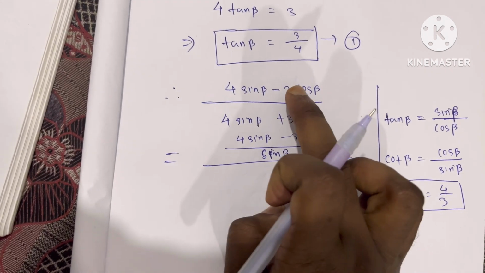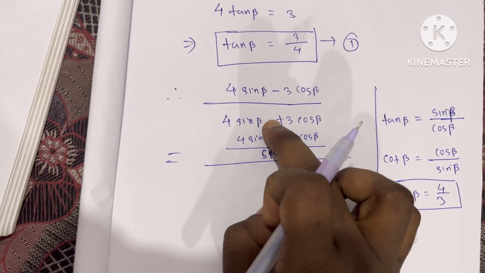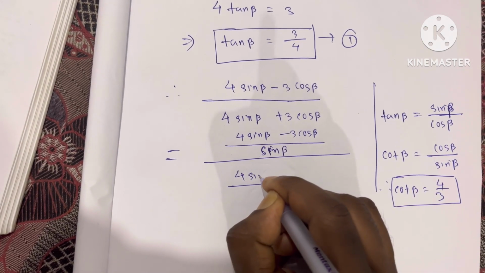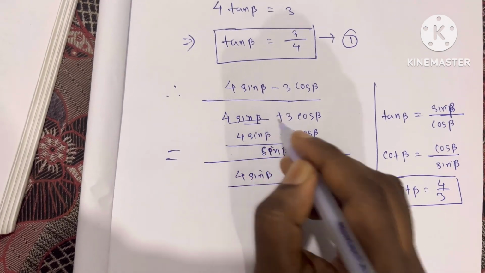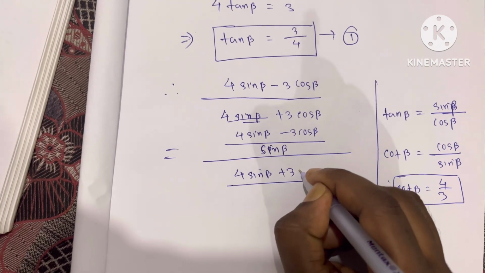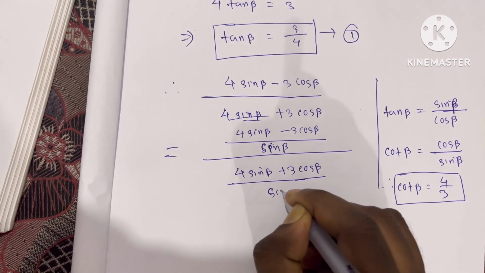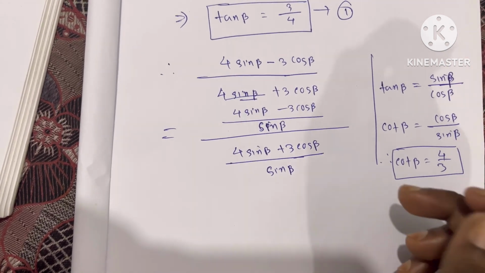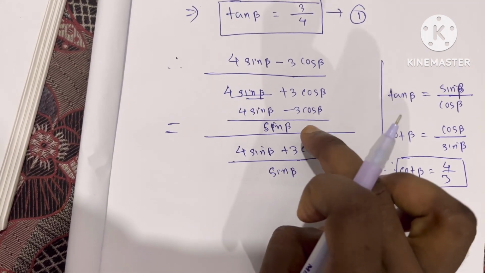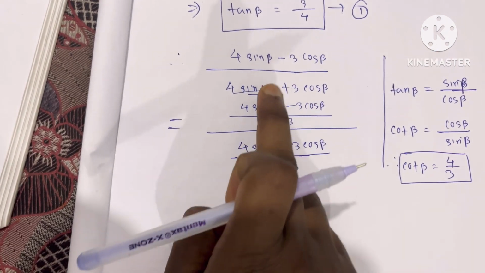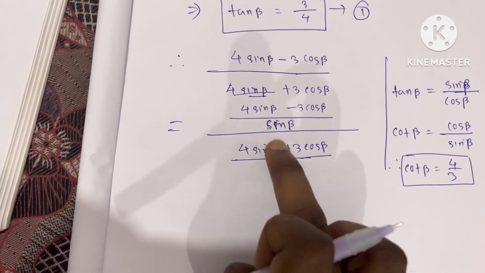That's why I divide numerator and denominator by sin beta. So I divide the numerator and denominator both by sin beta.